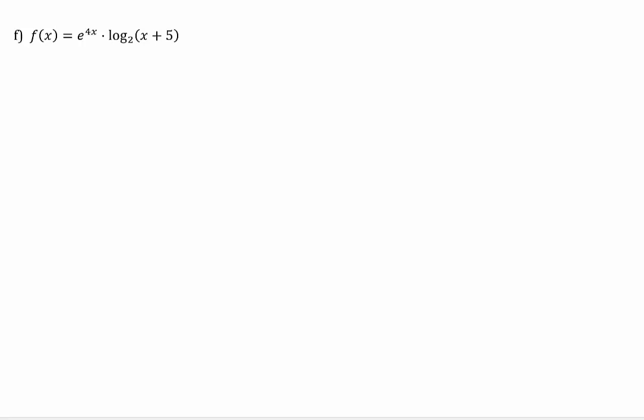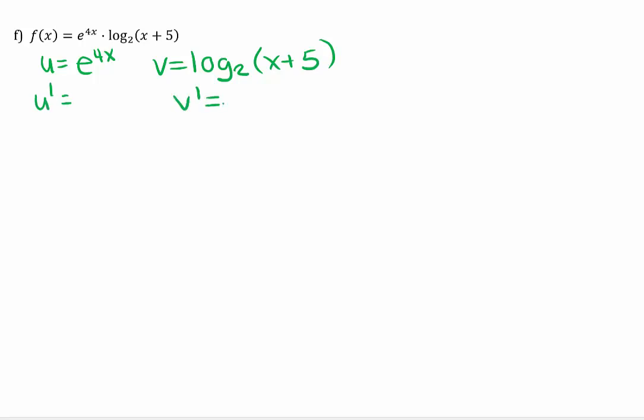So example F, this is a product. I see multiplication. The u is e to the 4x, and the v is log base 2 of x plus 5. Now to find the u prime and the v prime, in both of these, I have to use the chain rule.